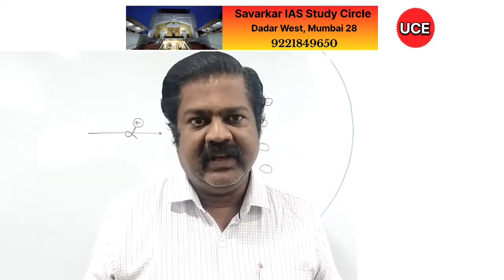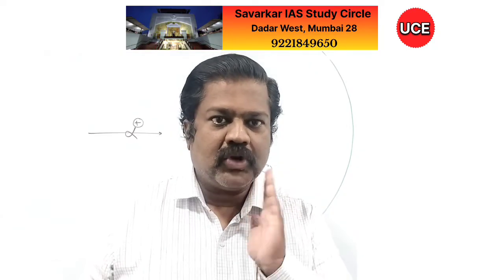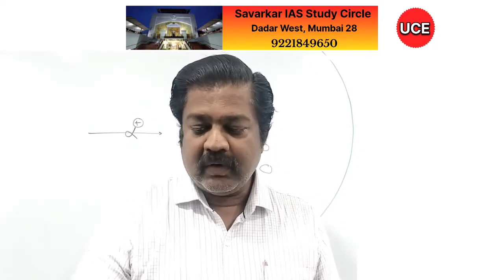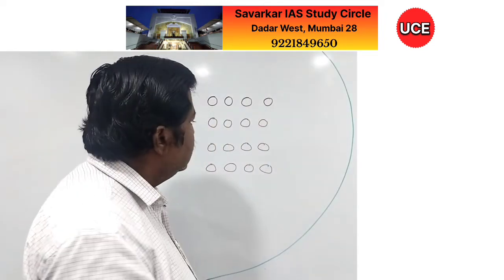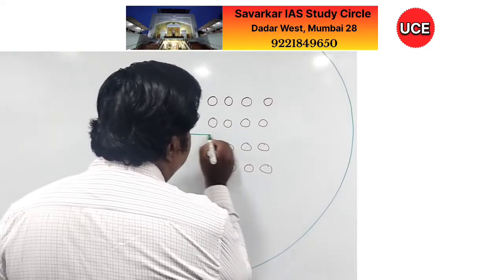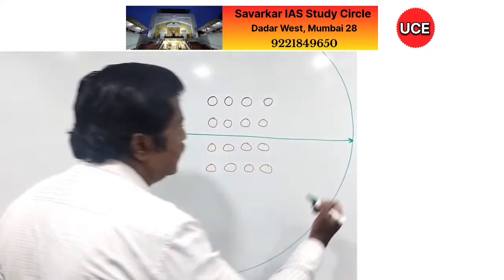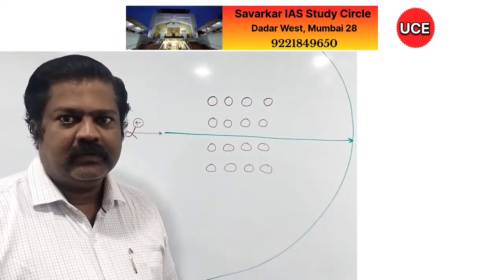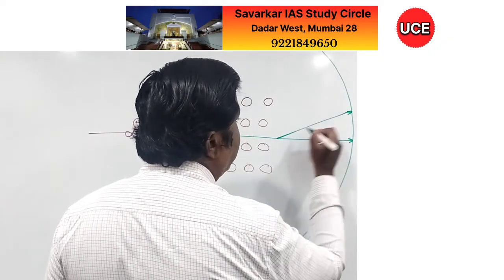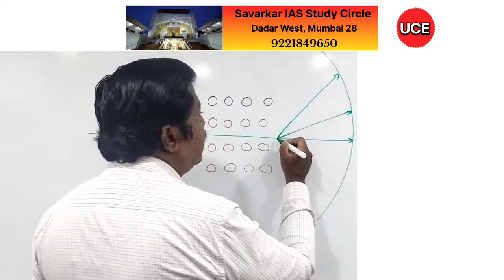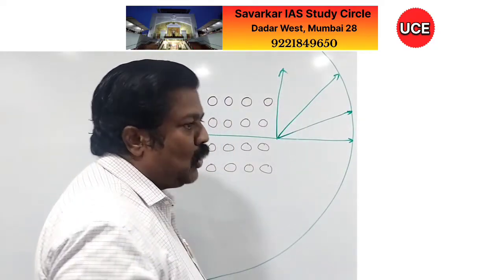What was the expected thing? That the gold foil should stop alpha particles. But what result did he obtain? A strange result. Maximum alpha particles traveled in a straight line, but a few alpha particles got deflected by angles of 30 degrees, 60 degrees, 90 degrees and so on.